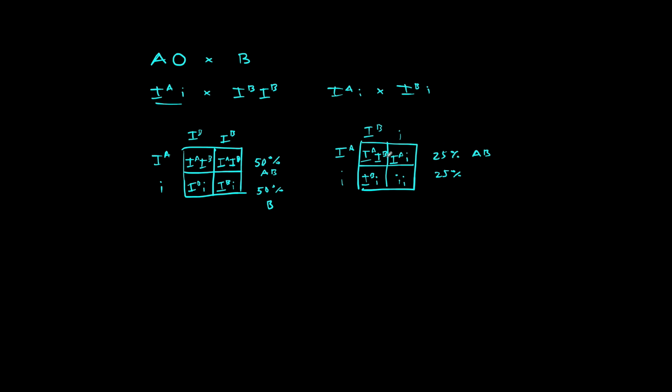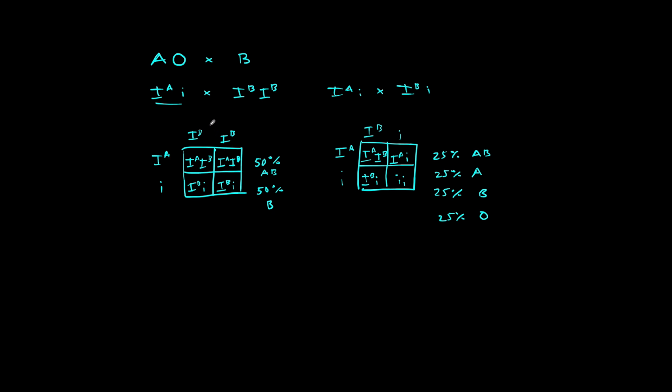So we have 25% AB. This box here would be 25% A, 25% chance of B blood as well, and a 25% chance of O blood. So these two parents right here, both of them being heterozygous, could lead to all four of the blood types.